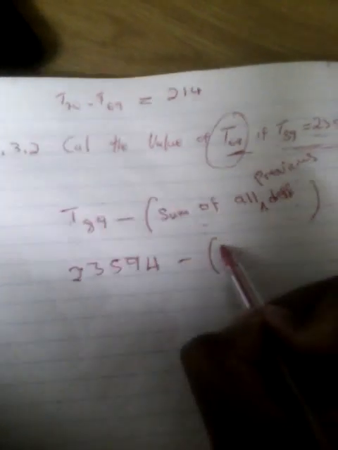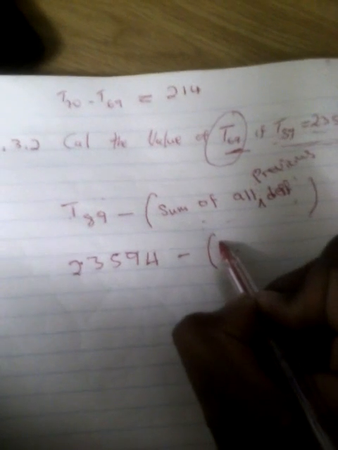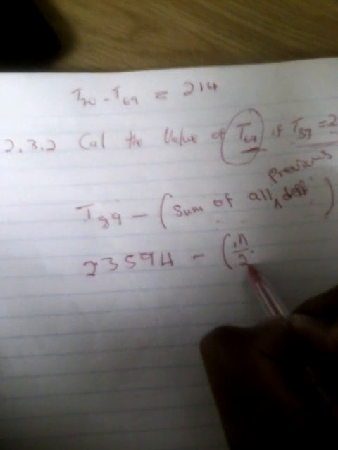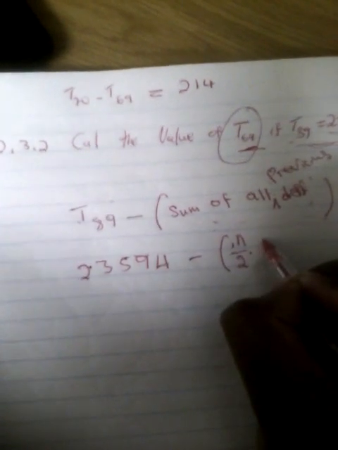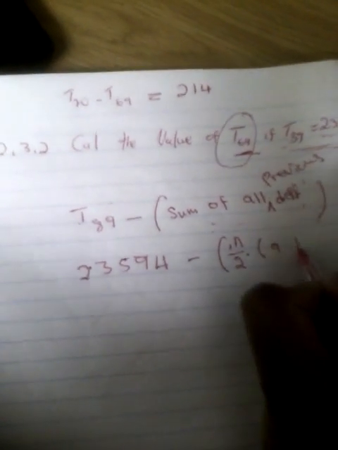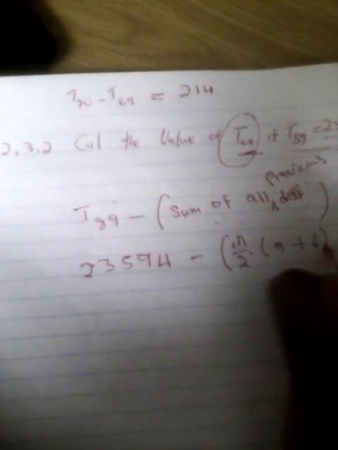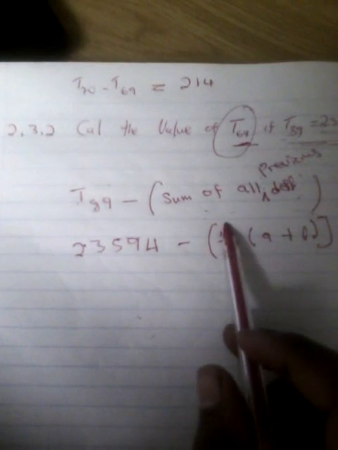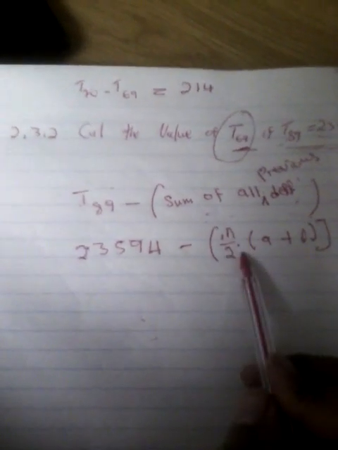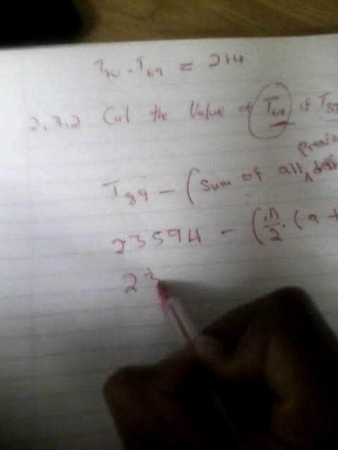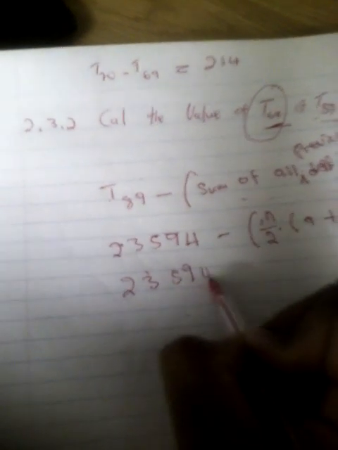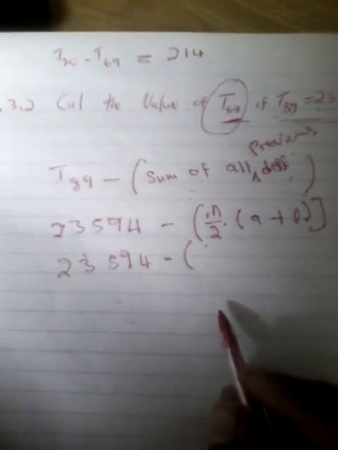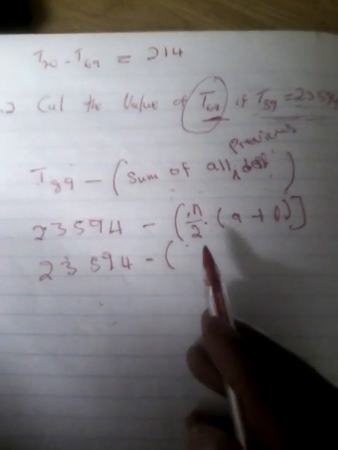So we have to use the formula of the sum of the series of the arithmetic progression, n divided by 2 all into the first term plus the last term. Then we close the bracket. So let's substitute 23,059 minus all into n. How many terms from 69?